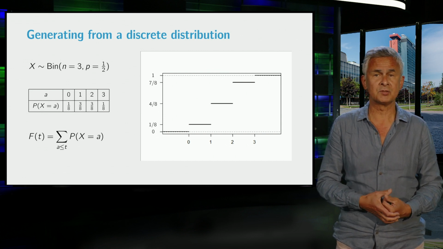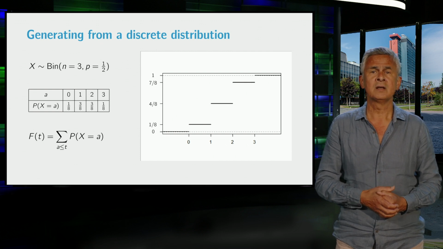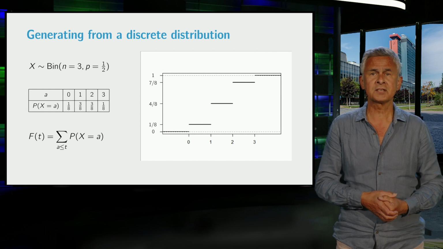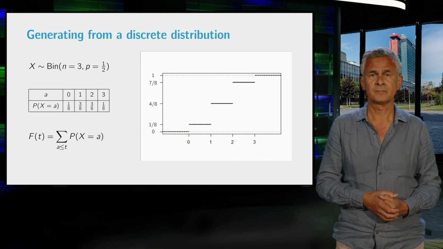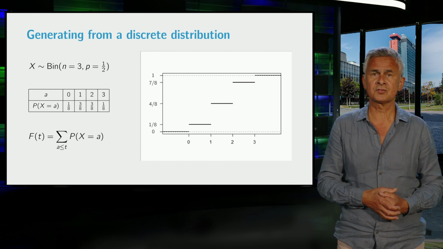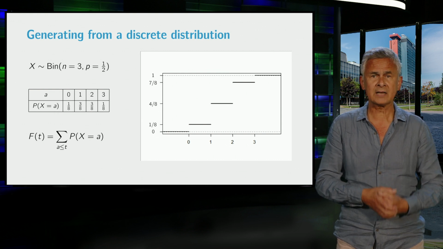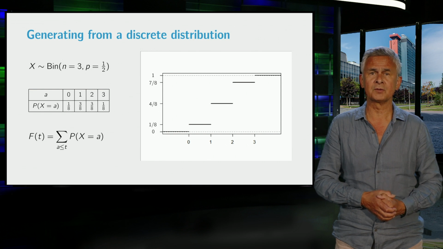Now here's a graph of the distribution function of X. It lies between 0 and 1. It has a jump of 1/8 at 0, additional jumps of 3/8 at 1 and 2, and an additional jump of 1/8 at 3. Now this means that from the graph of the distribution function, we can extract what are the possible values for X and what are the corresponding probabilities.